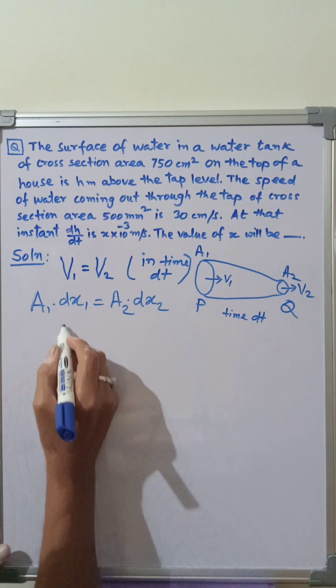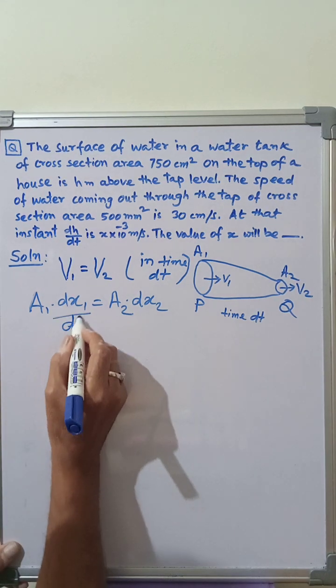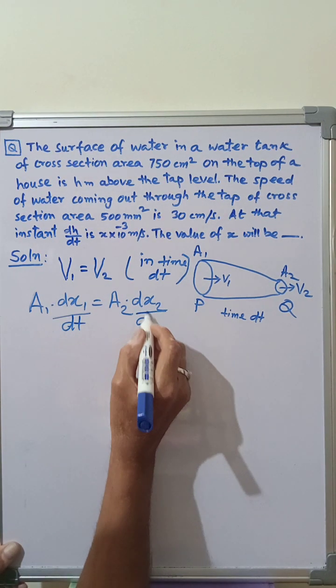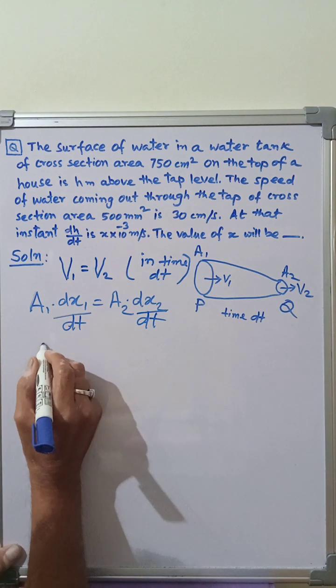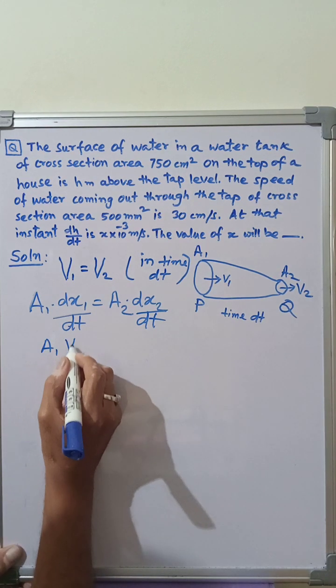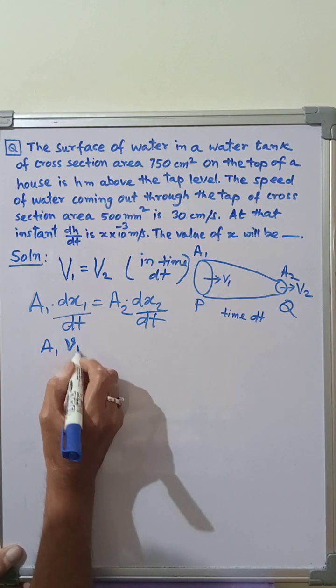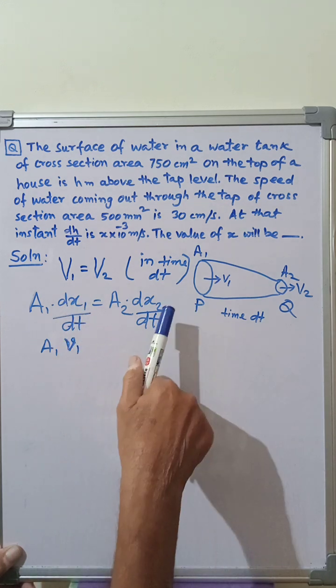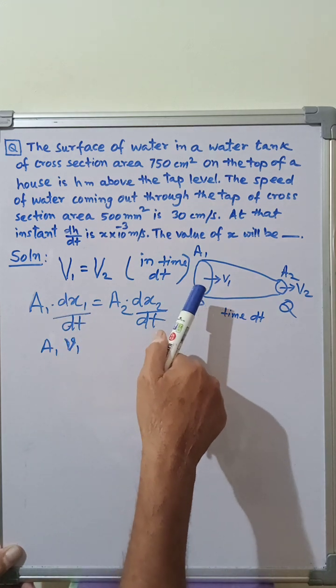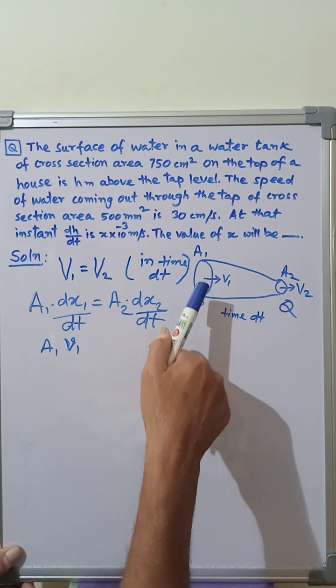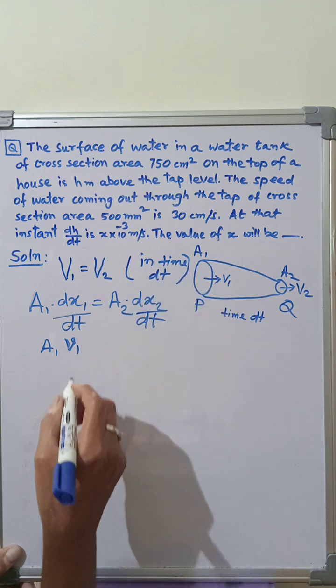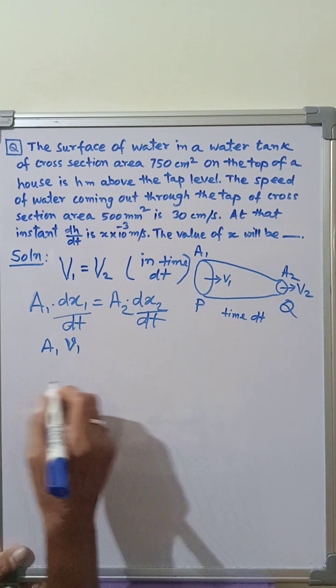Therefore, dividing both sides of the equation by dt, we get A1 into v1, because dx1 by dt is the speed of flow of liquid at cross-section area A1.